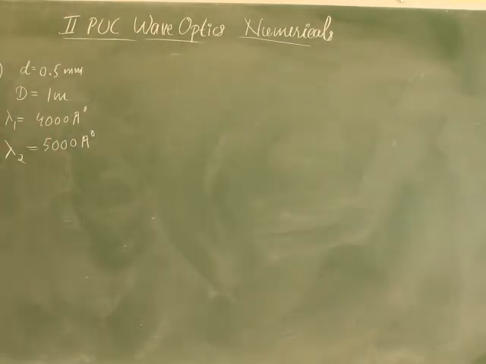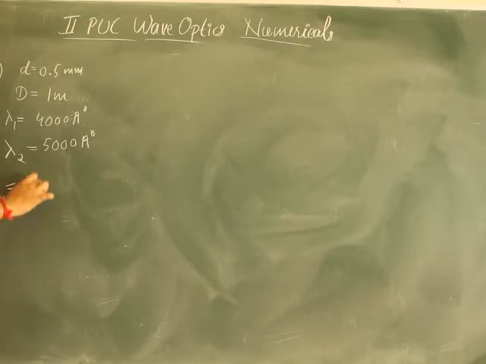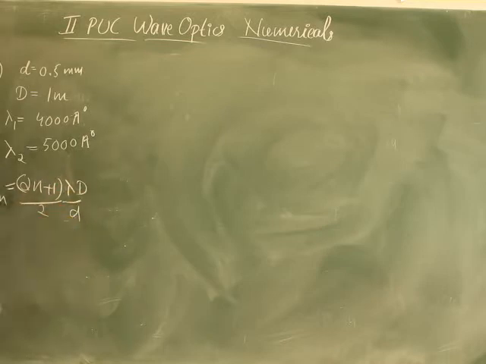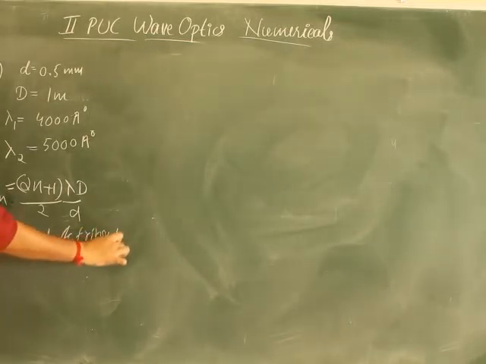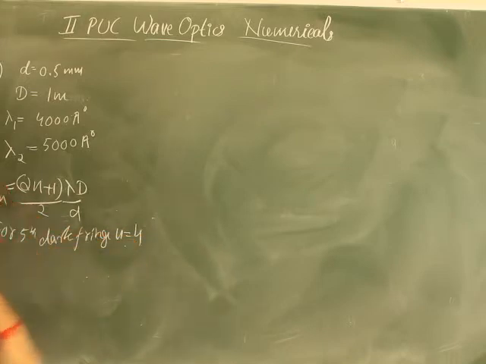Now what I do here, nth dark fringe it is. So x5, or just x I will take. xn is equal to, formula we have to write, very important in the examination, 2n plus 1 by 2 lambda D by d for the fifth dark fringe, n is equal to 4.